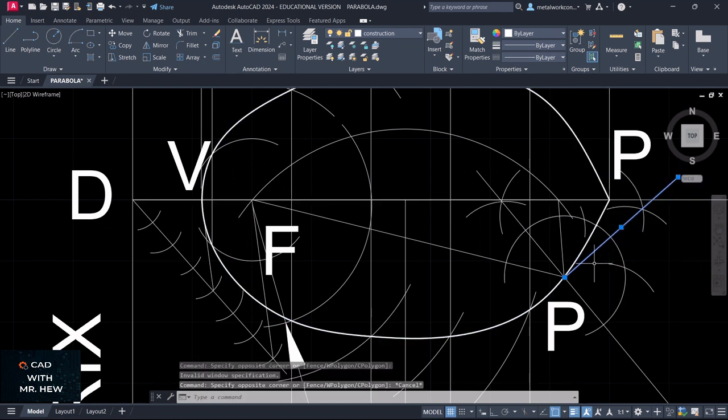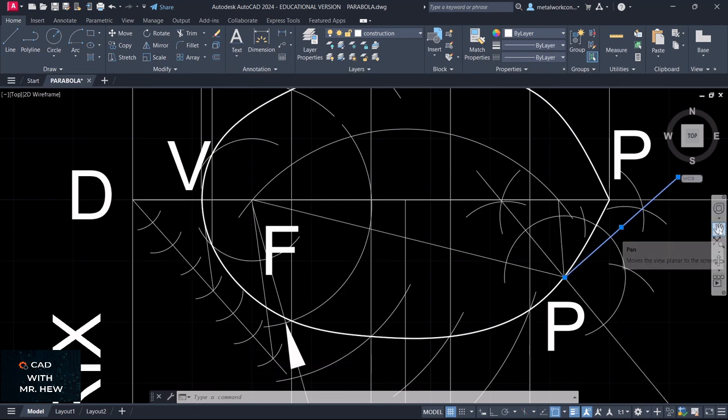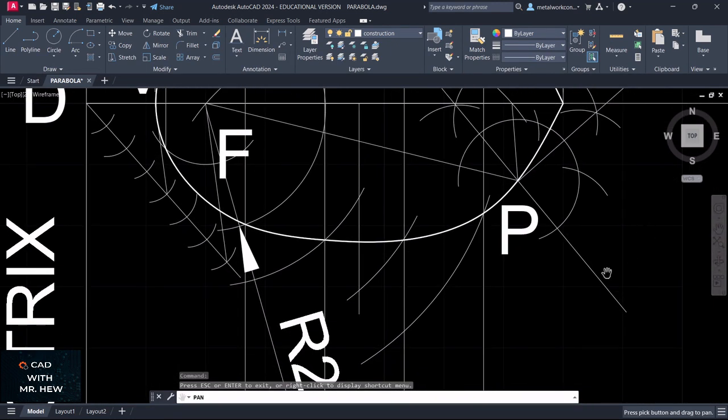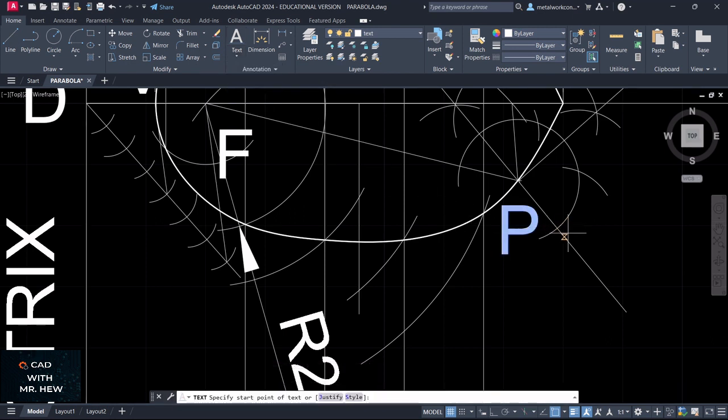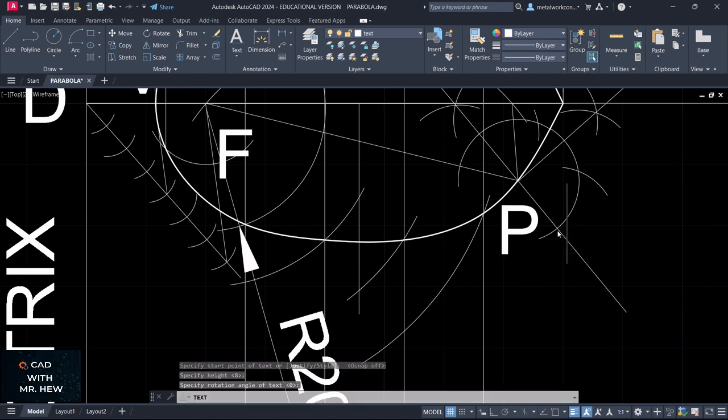All right. So this is our normal. Let us label it. So go to our text layer, single line text. Gonna turn off objects now. We're gonna come right here. Enter, enter.